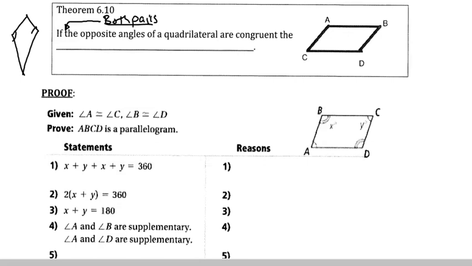Think about a kite. This would be your counterexample here. A kite would have one pair of opposite angles that are congruent, but it is not a parallelogram. So it's got to be both pairs of opposite angles of a quadrilateral are congruent. Then the figure is a parallelogram.